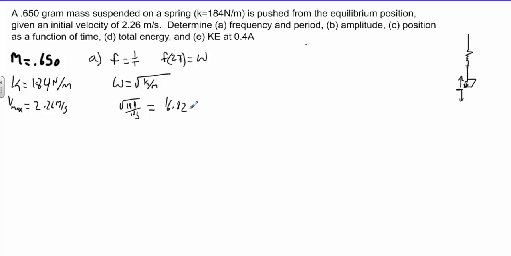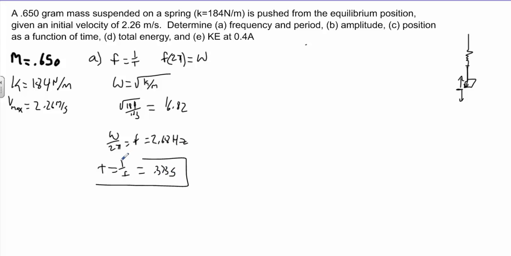And if I divide omega by 2 pi, I get the frequency, so divide by 2 pi in parentheses, so I don't end up dividing by 2 and multiplying by pi. So omega divided by 2 pi equals f, which equals 2.68 hertz. And then T is just 1 over f, so all I have to do is invert that or raise it to the -1 power, and I get T equals 0.373 seconds.